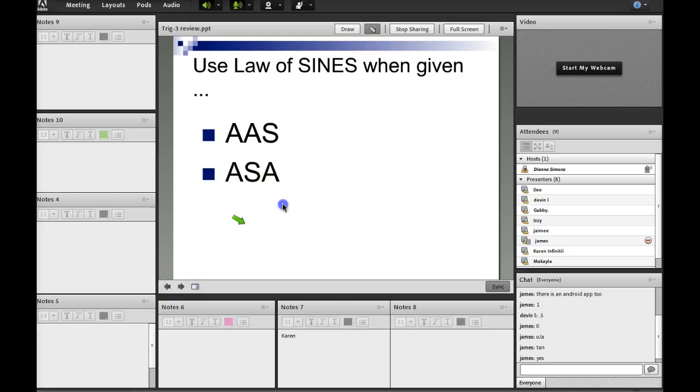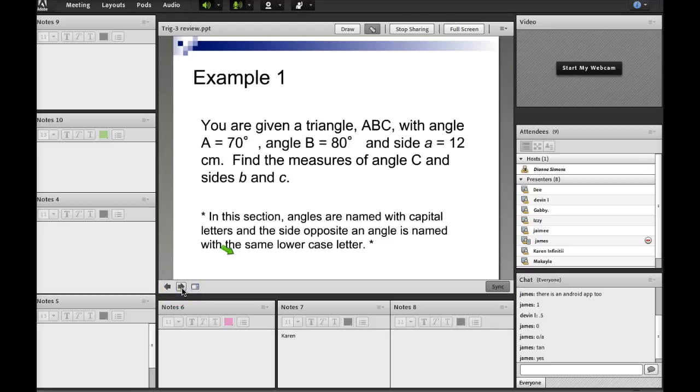It's important to know when you want to use these. So if you're given a triangle with angle A is 70, angle B is 80, and side A is 12, we want to find the measures for angle C, side B, and side C. What's the easiest way to find the measure for angle C?